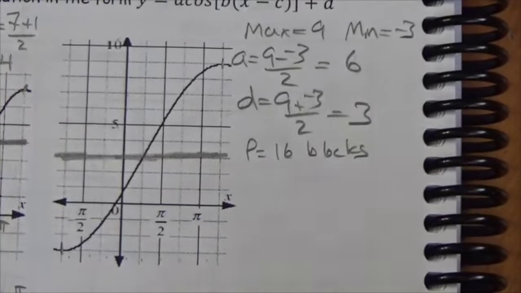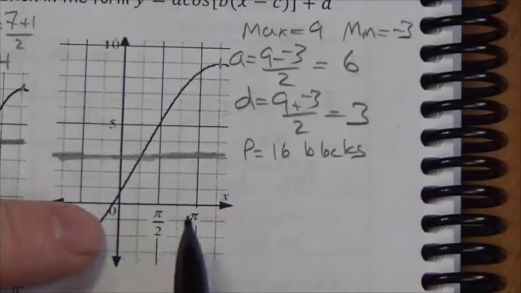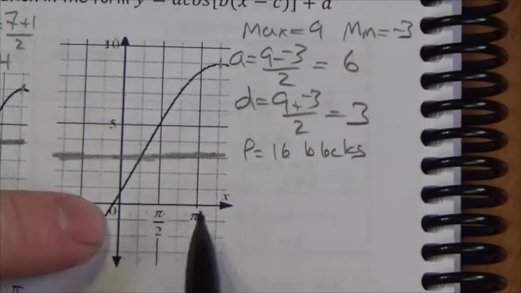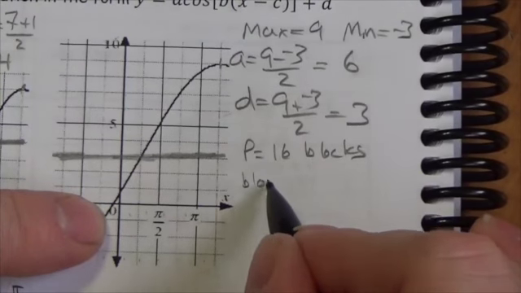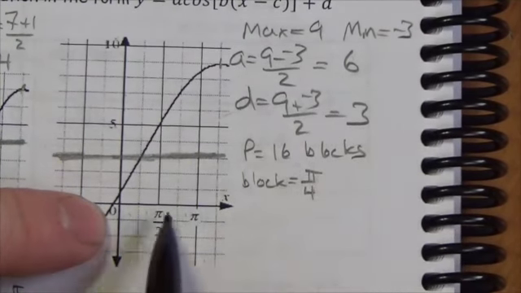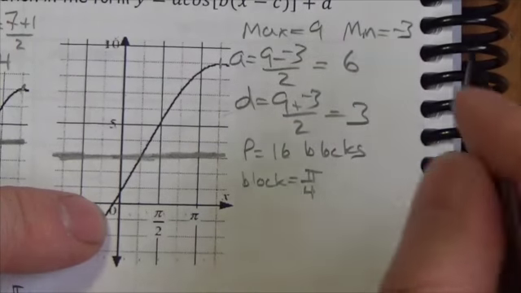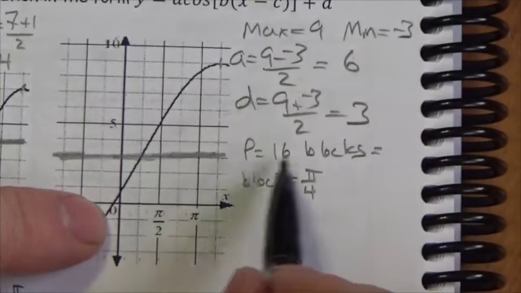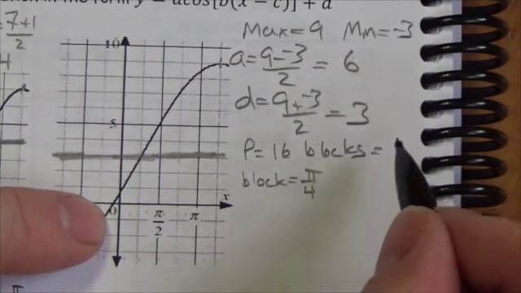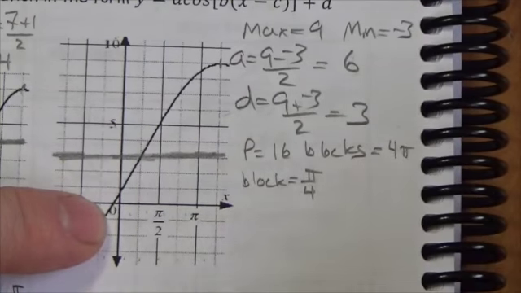Now I've got to figure out how much a block is. Well, there are 1, 2, 3, 4 blocks to get to pi, so each block is going to be pi over 4. That's only a fourth of pi. If that's true, that's 16 blocks, and each block is pi over 4, so my period here is going to be 4 pi.